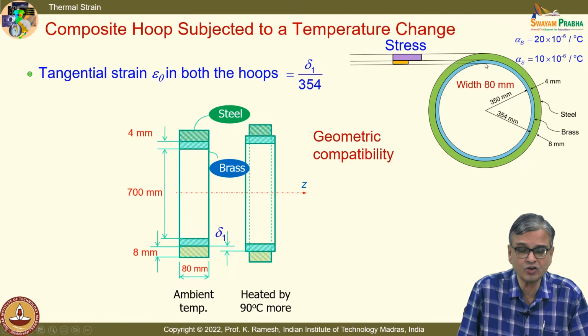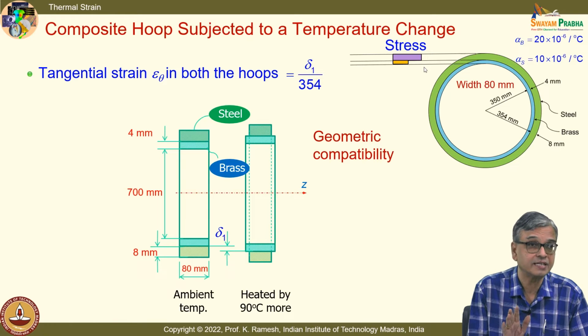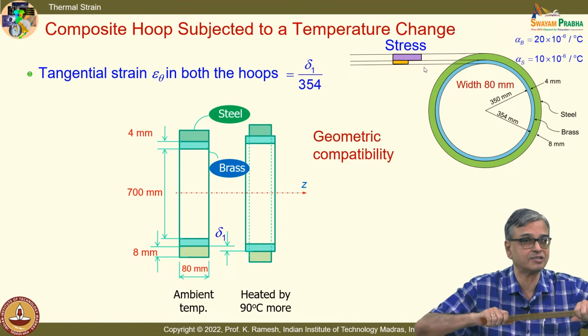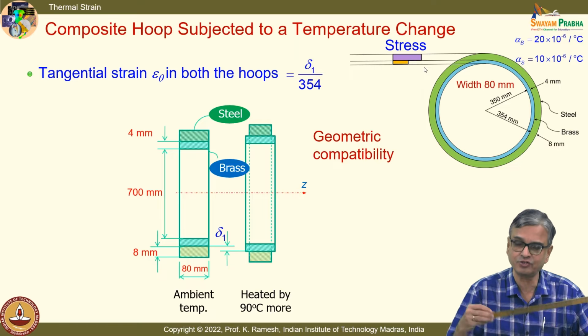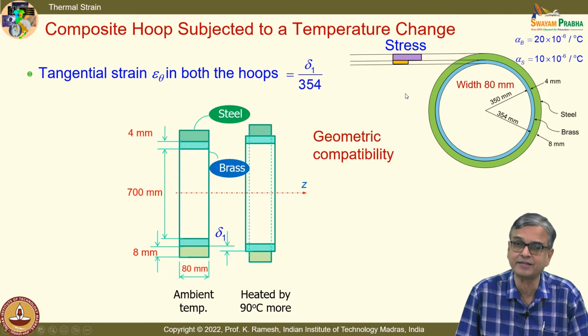See, across this, you maintain the compatibility of strain at this interface, but when I plot, stress can be discontinuous. And in the case of a hoop, we have simply said it is like you have a circular one, it is opened up, and then you are actually applying an axial tension. So, it is supporting only a constant stress that you know as PR by t. So, when you plot the stress variation, the variation would be like this.